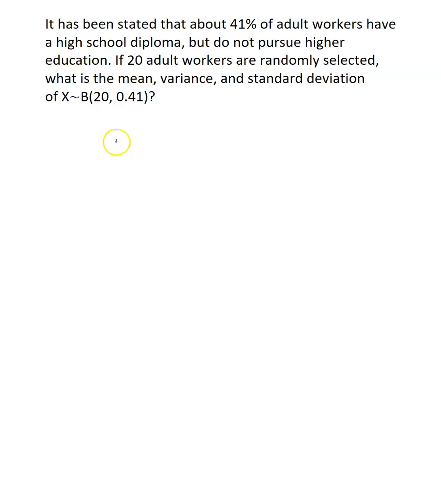Okay, so we have x follows, or x is a random variable with binomial distribution 20, 0.41. So I want us to understand that this x here is the random variable, discrete random variable. B is the binomial distribution, and that's important because we will be using U for uniform, N for normal, so it's important to know what that stands for.